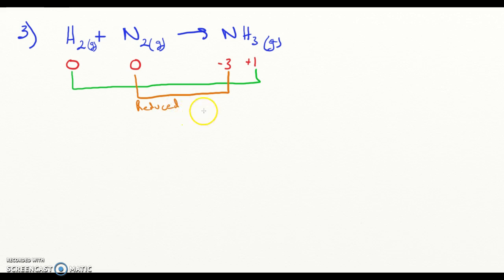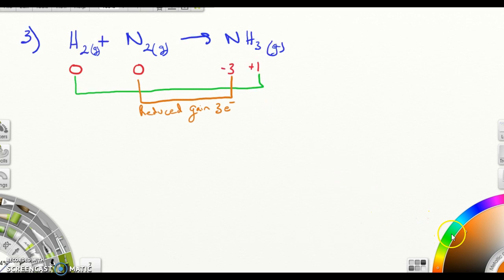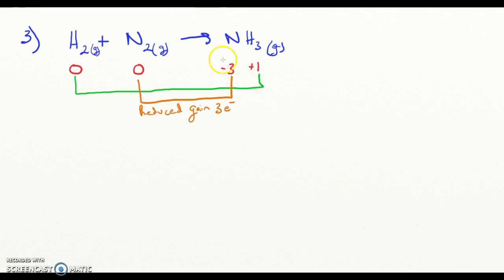Nitrogen has been reduced. And why has it been reduced? Because it gained 3 electrons. All right, and then going back over here to the hydrogen, the hydrogen increases its oxidation number, so it has been oxidized.